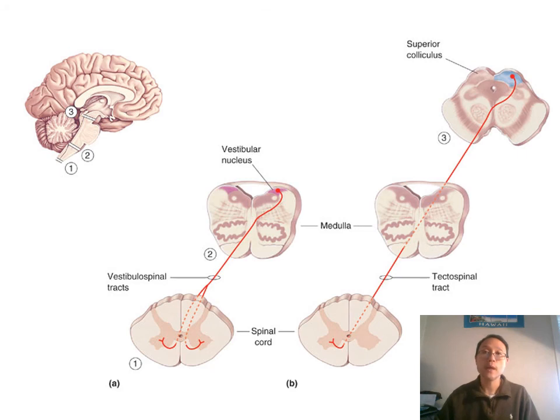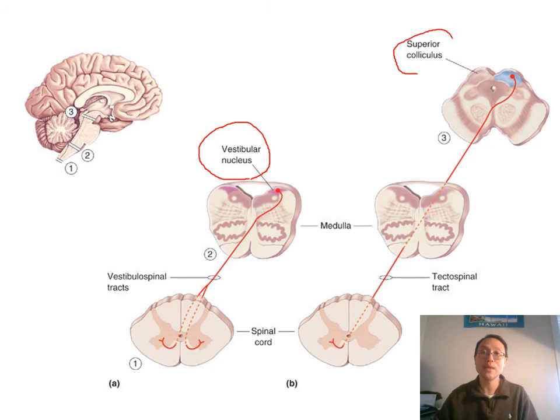Now let's also take a look at the tectospinal tract and also the vestibulospinal tract. You can see that these also go to the spinal cord. The vestibulospinal tract originates in the vestibular nucleus and then descends down to the spinal cord, as you can see.